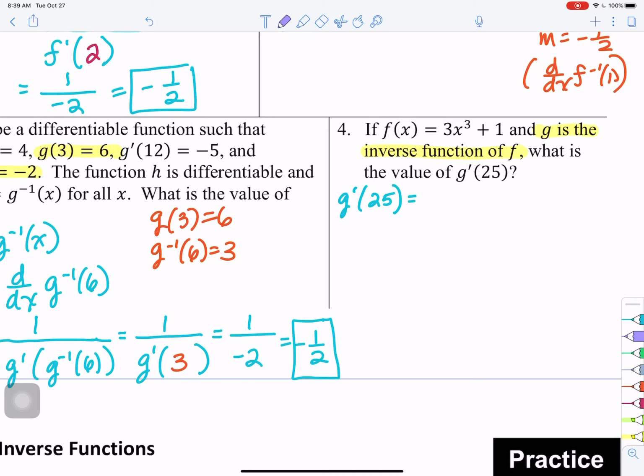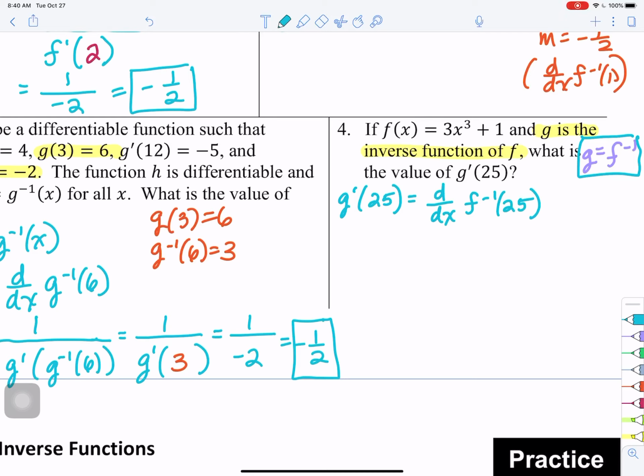I might even write that down. g is f inverse. So now that I am asked for g prime of 25, they're actually asking us for the derivative, with respect to x, of f inverse of 25. Okay, keep in mind that's what g is, f inverse. So g prime would be the derivative of f inverse.